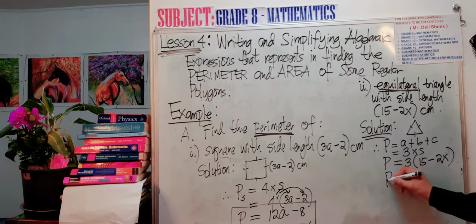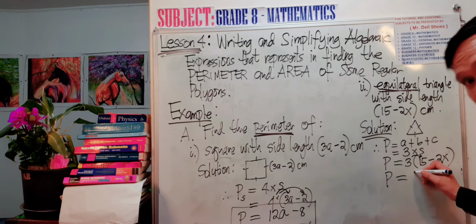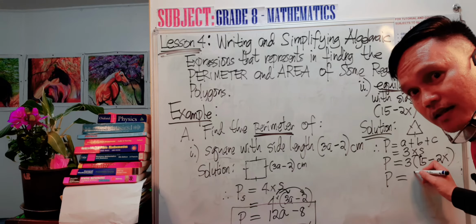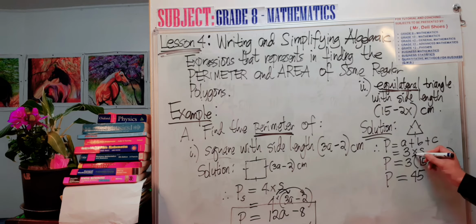So the perimeter is equal to 3 times 15. You are going to remove the brackets by expanding and then you simplify. 3 times 15 is equal to, what is the product when you multiply 3 times 15? 45. Very good. Next one.